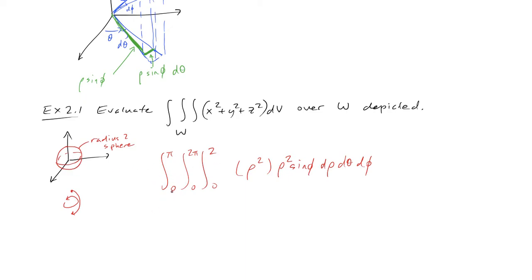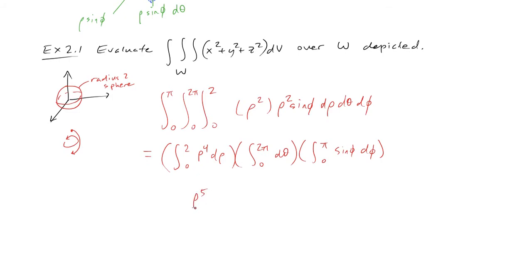So this is our integral, and it splits nicely because it can be written as a product of functions of rho, theta, and phi. So we'll put the rho function first. It's rho to the fourth d rho, 0 to 2 pi d theta, and 0 to pi sine phi d phi. This becomes rho to the fifth over 5. Put 2 in that. This becomes just 2 pi. That's often what happens with the d theta integral.